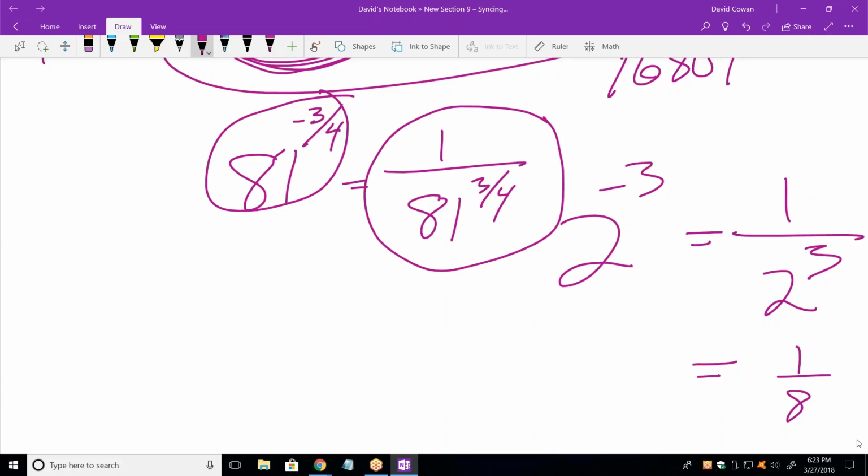Now, again, let's work with the denominator and find the fourth root of 81. And remember, these are always small whole numbers. It's either 2, 3, or 4.